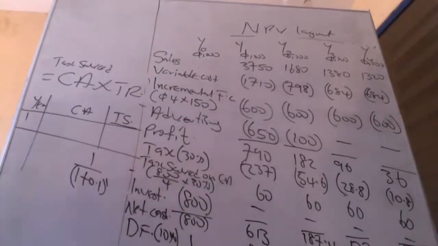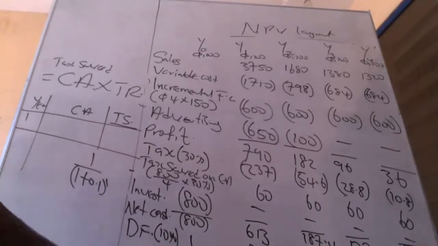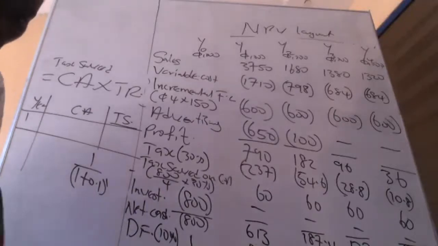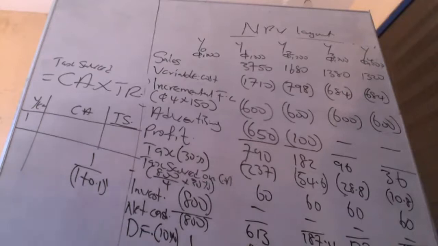Here, we even ask you to give us the circumstances or the factors to be considered before they will probably accept this project. Even though the NPV is negative, they would normally reject it.